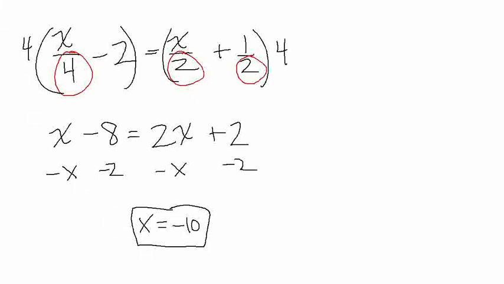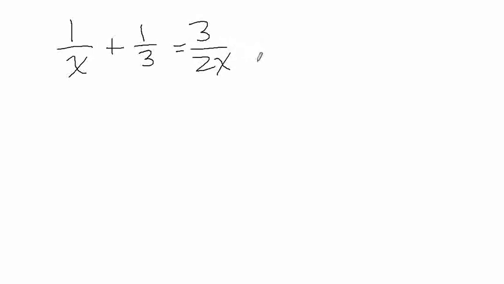Now, let me have you do an example that has variables in the denominator. 1 over x plus 1/3 equals 3 over 2x minus 1. All right, so go ahead and try to solve that one. Pause the video if you have to.